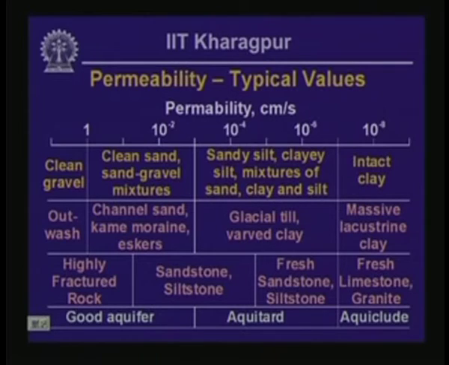Channel sand, kame moraine and eskers typically have permeability between 1 centimeter per second and 10 to the power minus 3 centimeter per second.